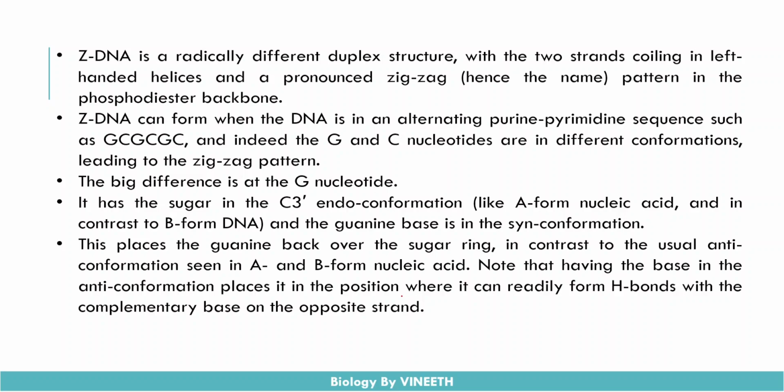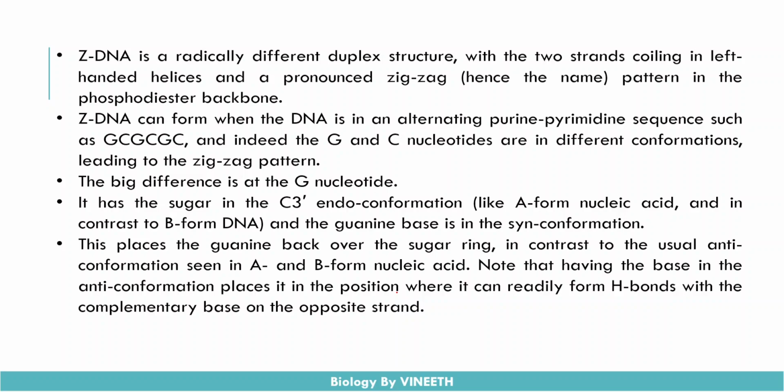Z DNA can form when the DNA has an alternating purine-pyrimidine sequence, such as GC sequences. When there are a lot of GC sequences, we can see the zigzag pattern, the Z DNA pattern. The big difference is at the G nucleotides. If G nucleotides are rich, they also form triplex DNAs or G quadruplex, G tetraplex.